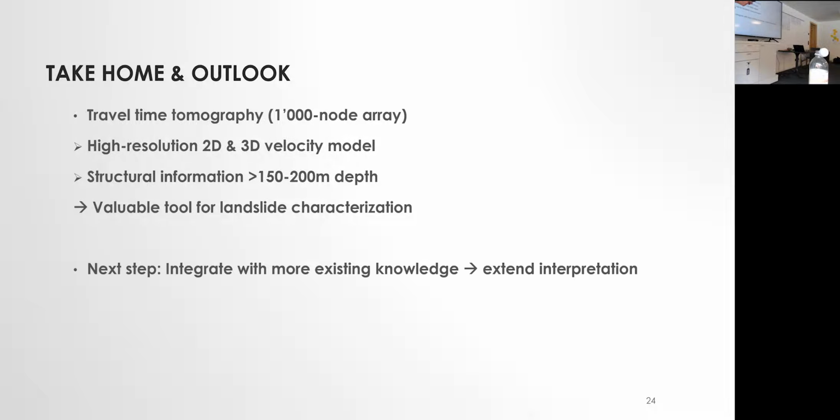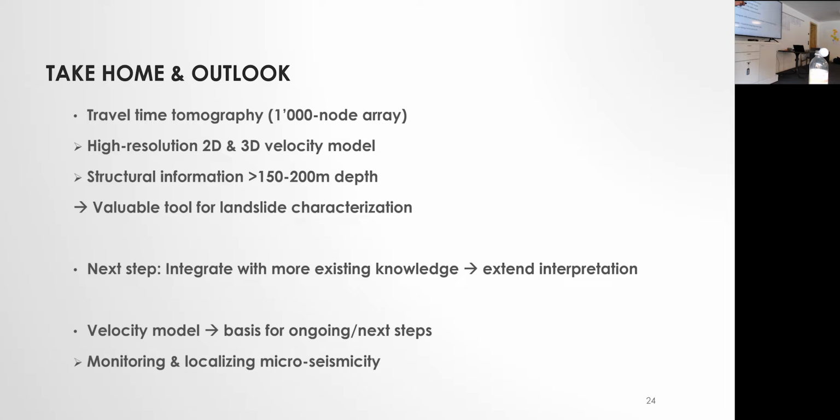Now, next steps. The next step would be to integrate what we have with more existing knowledge and thereby extend the interpretation. Importantly, this velocity model is or will be the basis for ongoing and next steps.